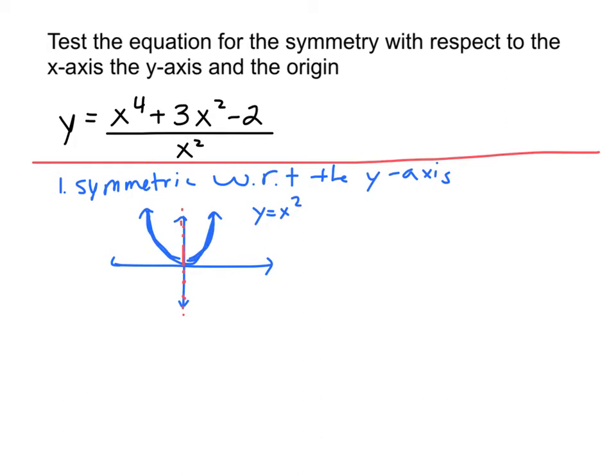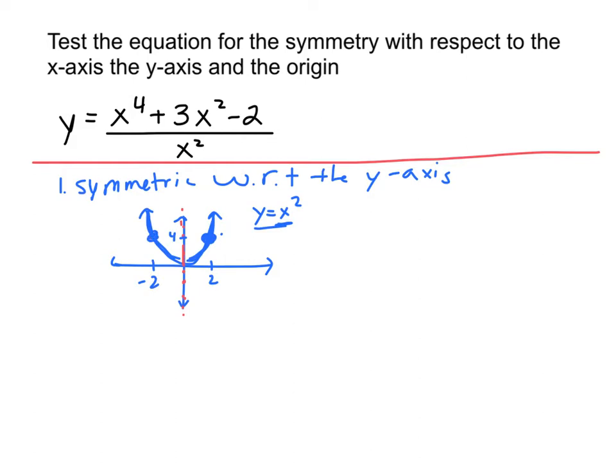So how would I be able to test that this is true? If x is 2, what is y? Look at this equation over here. If x is 2, y is 4, right? And if x is negative 2, y is still 4, because negative 2 squared is still 4.